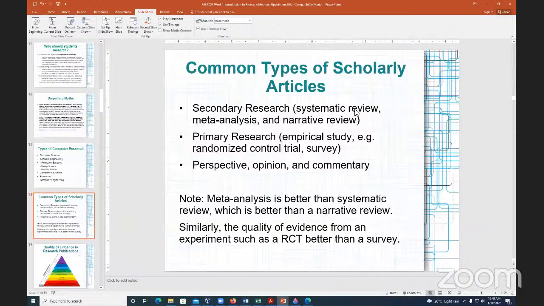So a systematic review is an attempt to review all papers that have ever been written on a topic. A narrative review is not that. It's just an attempt to do an overview of a topic based on good papers on the topic. Do you see the difference?